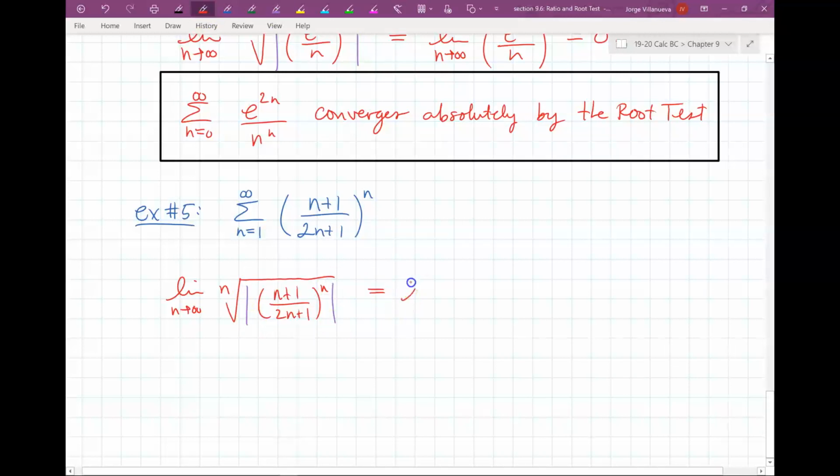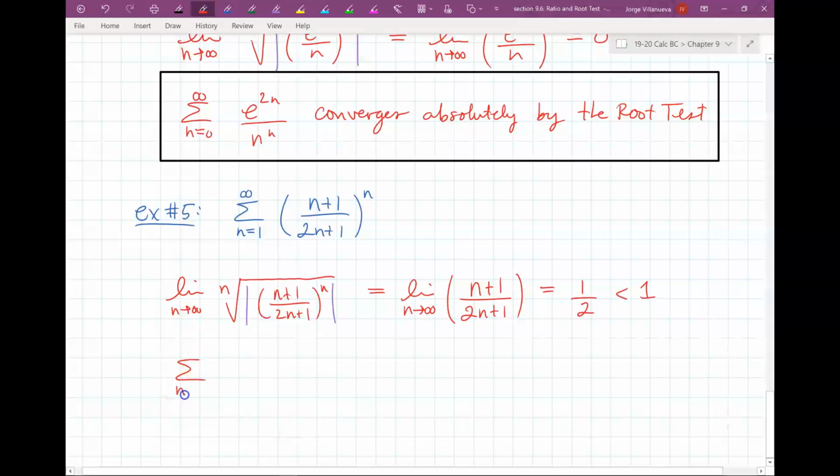So what do I get when I take the nth root of this? n plus 1 over 2n plus 1. So what's my answer? It's a half, which is less than 1. So then this converges absolutely as well.